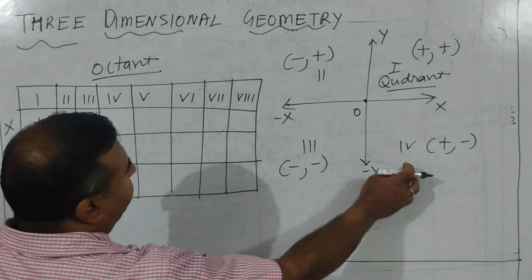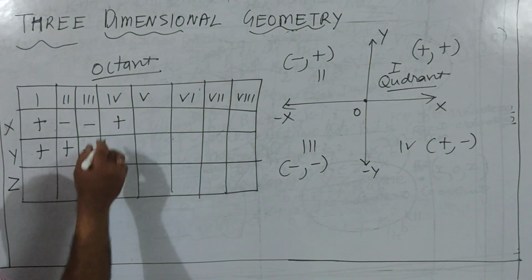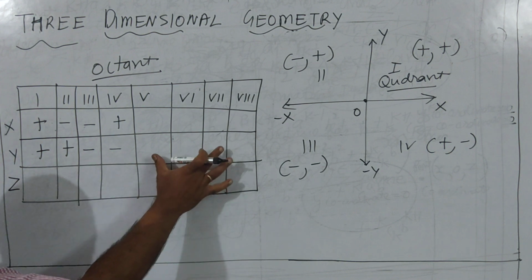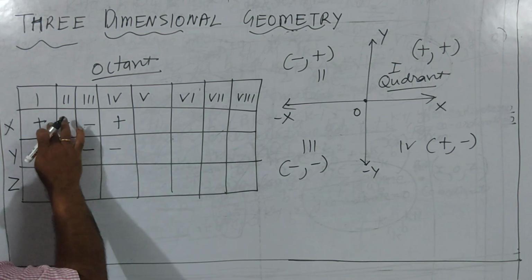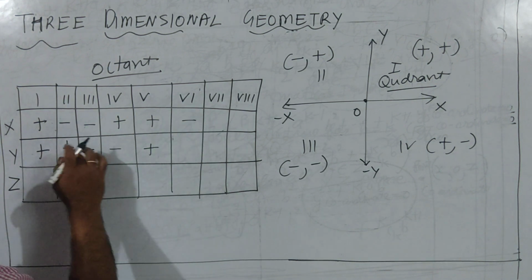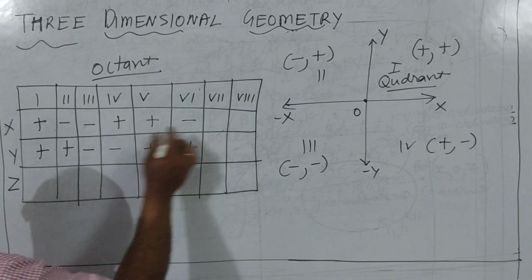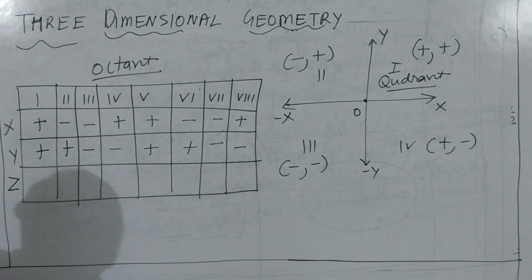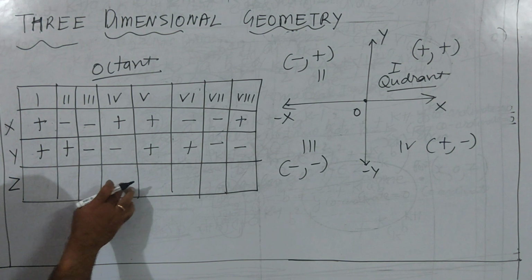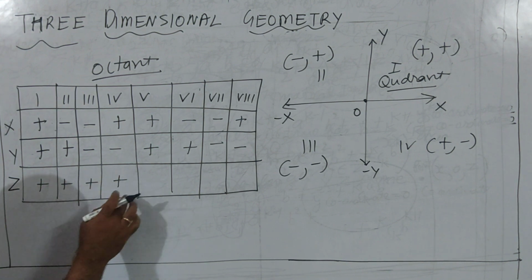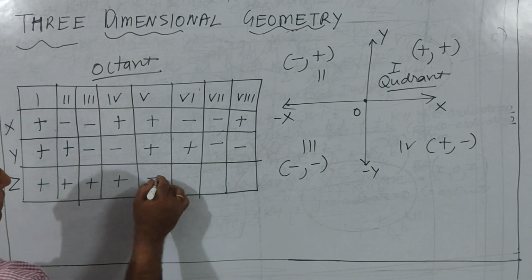In the fourth, x positive, y negative. Again you write the same quadrants here. Start from this: plus, plus; then minus, plus; then minus, minus; then plus, minus. In the first four, you write z positive. In the next four, you write z negative.